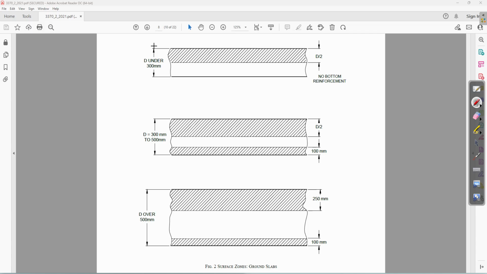Whenever your depth is less than 300 mm, you need to refer this diagram. Whenever your ground slab depth is 300 to 500, you need to refer this. Whenever the depth of ground slab is 500 mm or more than 500 mm, you need to refer this.